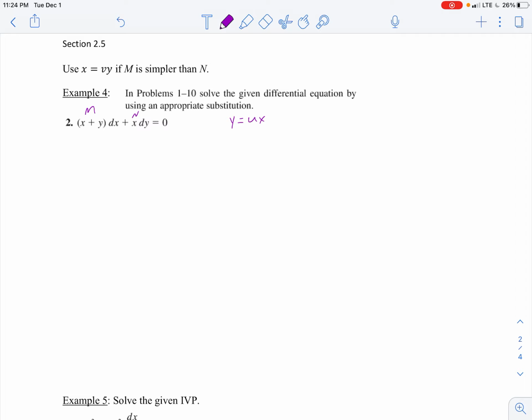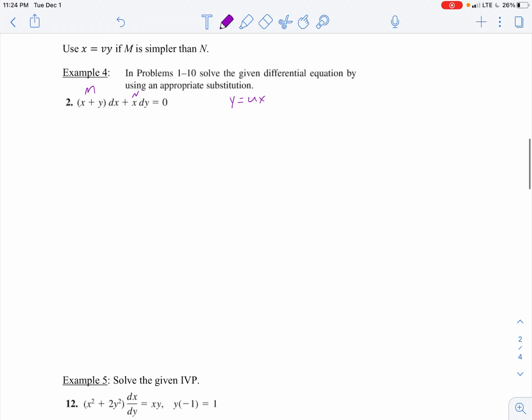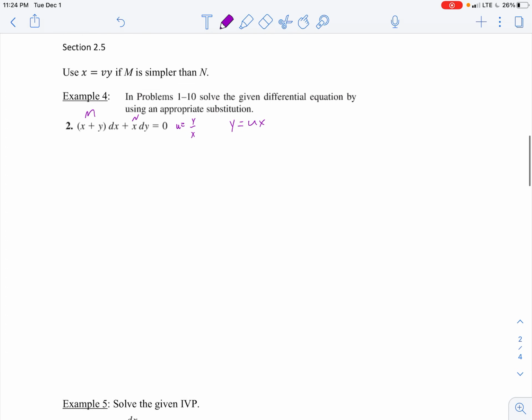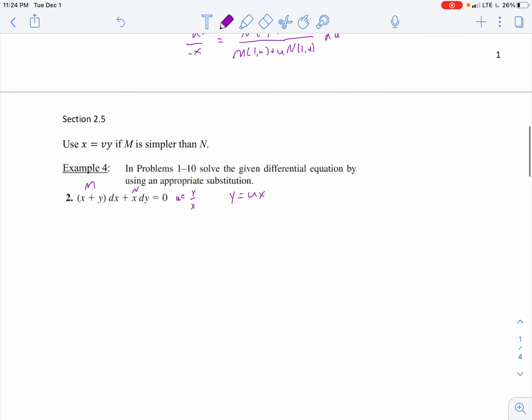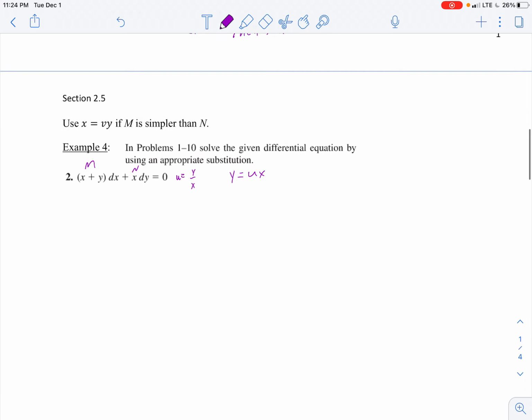And I'll go ahead and say what u is. u is equal to y over x. And I'm just going to check up here just to make sure. And then we're going to also do the differentiation because we need to substitute in for that dy. So dy is equal to u dx plus x du.